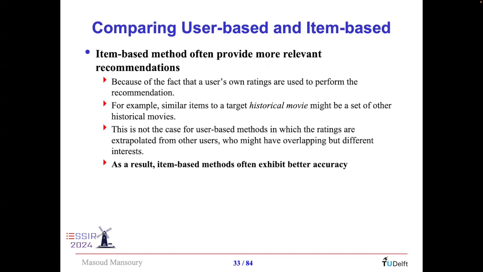For example, if you have a user interested in historical movies, in item-based collaborative filtering there is a higher chance we also recommend historical movies. But in user-based, because we use the opinions of other users, there is also a chance we recommend something else, not exactly the same interest that the user liked in the past.